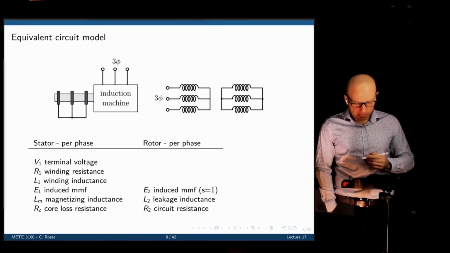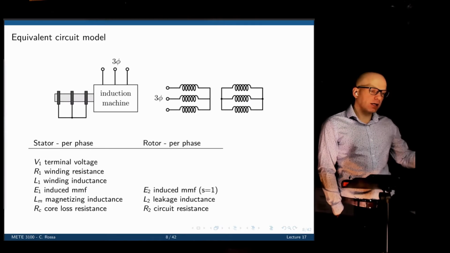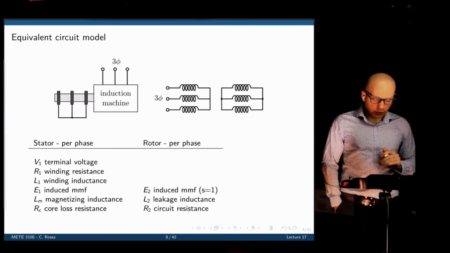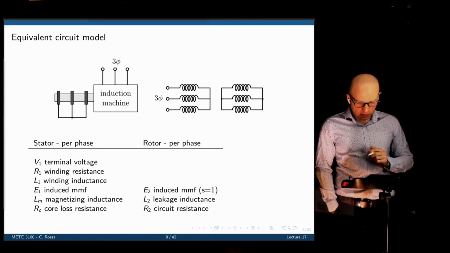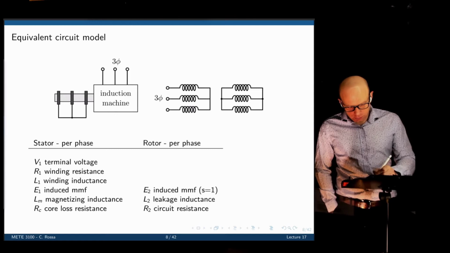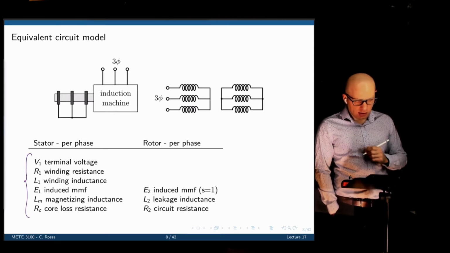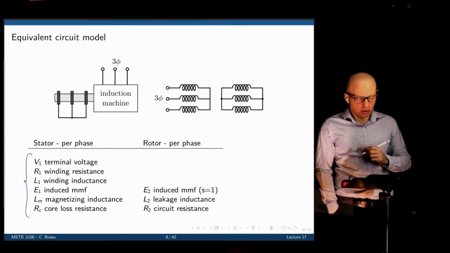equivalent circuit. So now we're going to do an analysis one phase at a time. Let's establish the terminology we are going to use. For the stator, we have all the variables here: the terminal voltage, the winding resistance, the winding inductance, the induced EMF, the magnetizing inductance, and the core loss resistance.